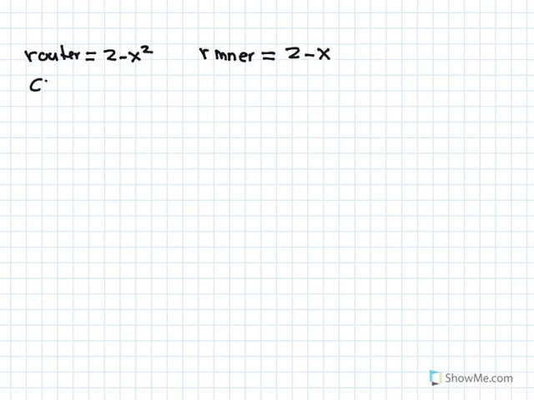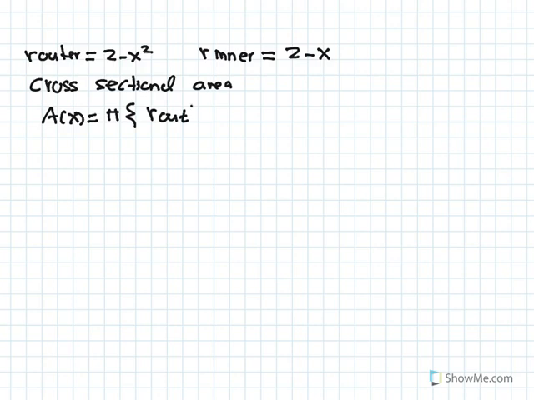Now let's talk about the cross-sectional area. The cross-sectional area is going to be pi times the outer radius squared, so radius outer squared, minus radius inner squared.